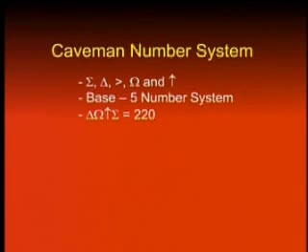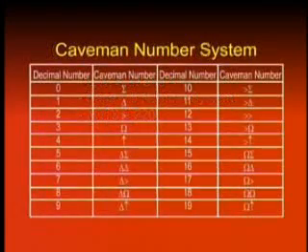Let us see how delta, omega, arrow, and sigma represent 220 in decimal. The caveman can represent the first 5 numbers, that is from 0 to 4, using a single digit of the caveman number system. So sigma, delta, greater than, omega, and arrow represent decimal numbers 0 to 4.